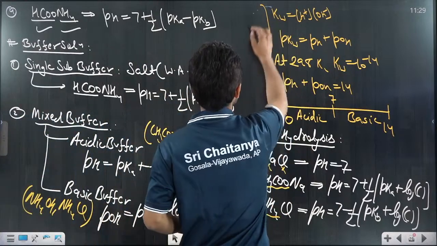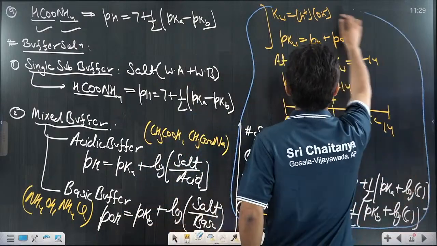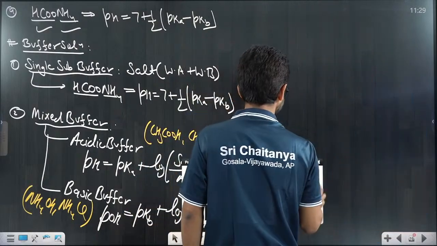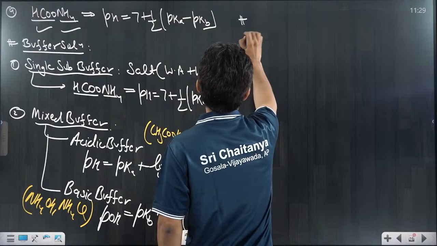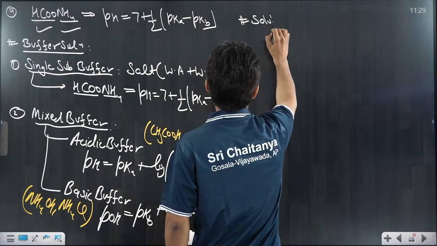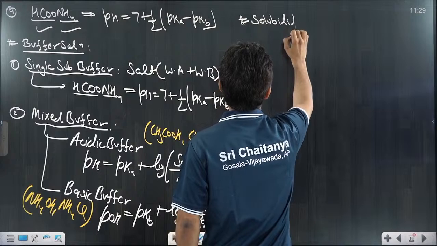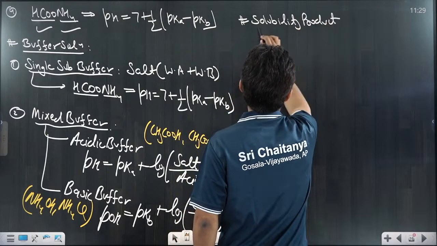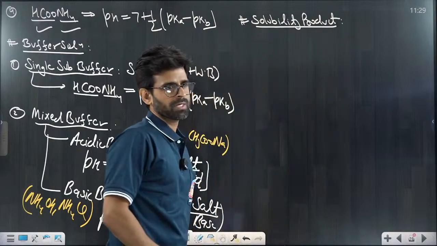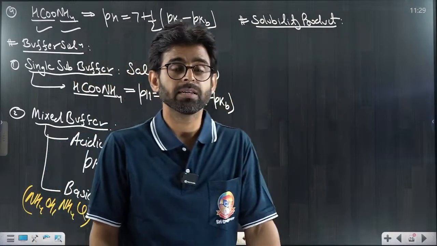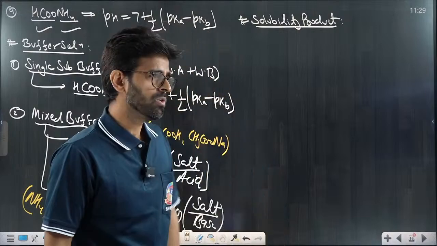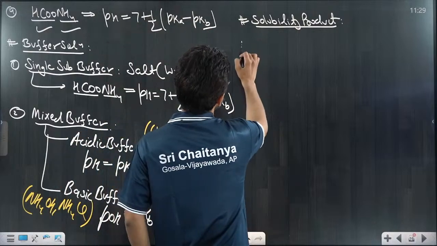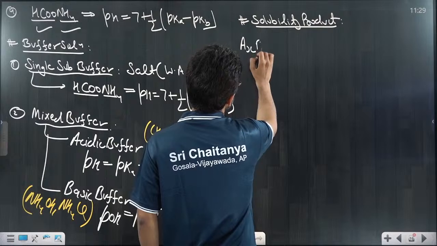Fine. And now we have a small thing here, solubility product. So you will have this type of salt. Imagine I have a salt AxBy.